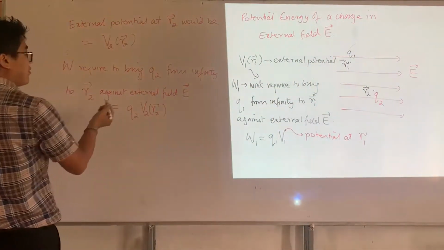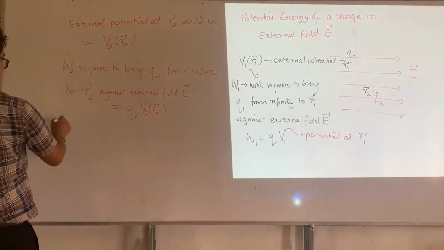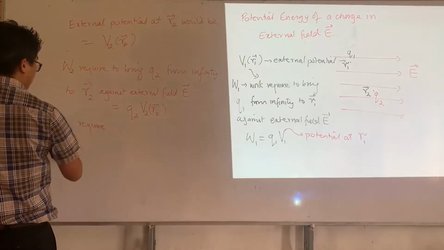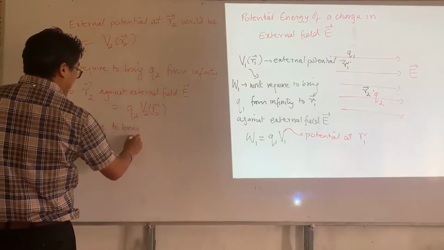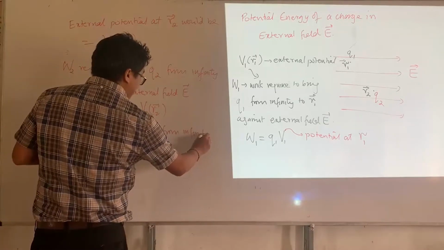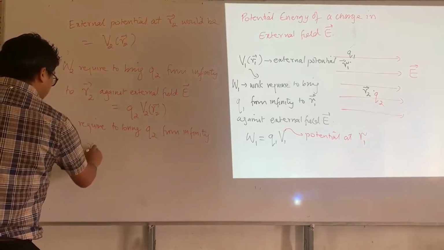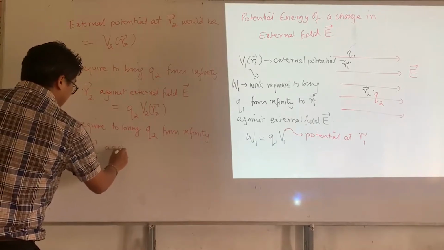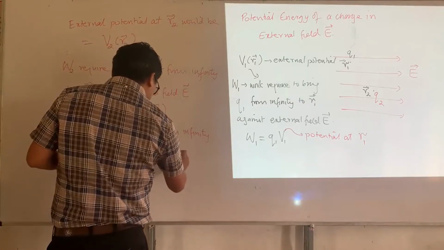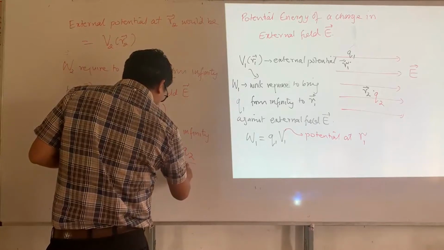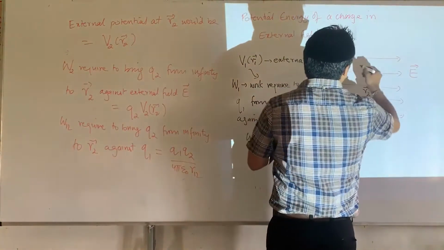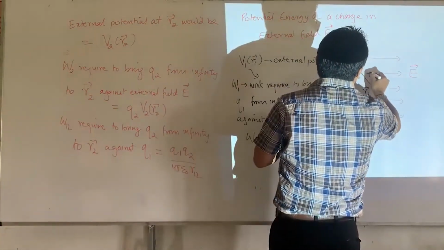So the work required to bring Q2 from infinity to R2 against Q1 is given by Q1 Q2 divided by 4 pi epsilon naught R12. This is R12.